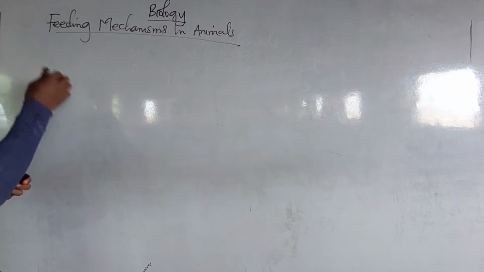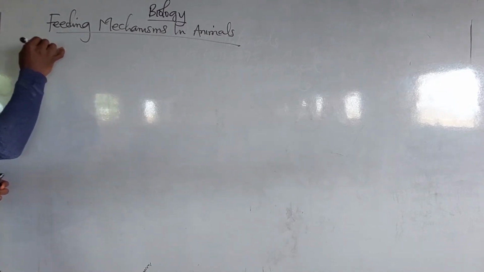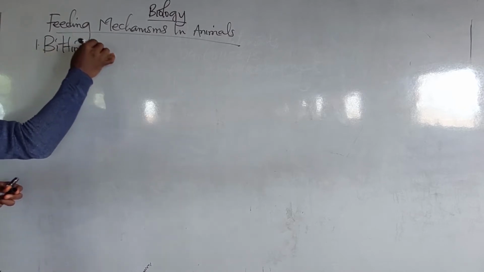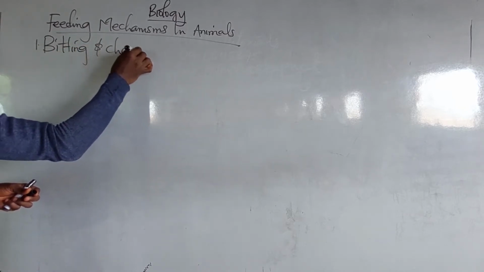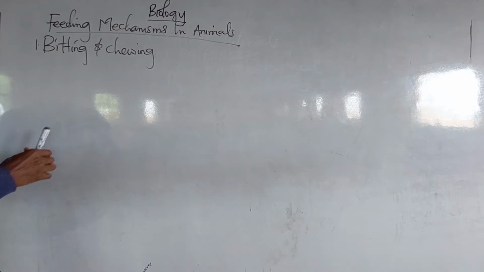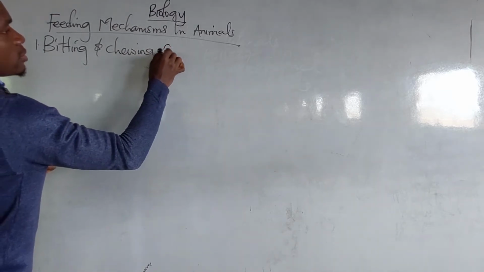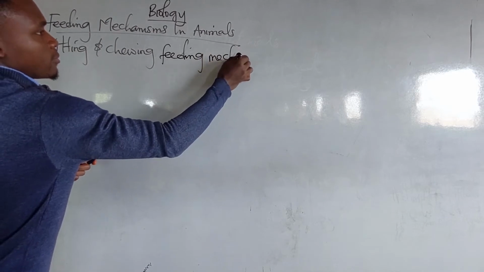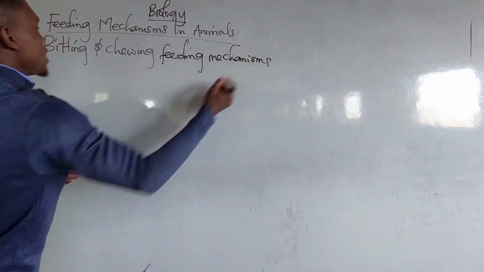There are about 5 known feeding mechanisms in animals. One, you have biting and chewing feeding mechanisms. Now let me quickly explain this.